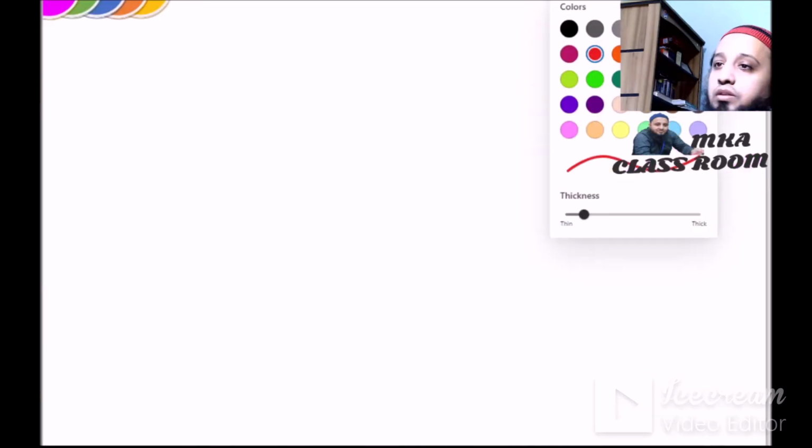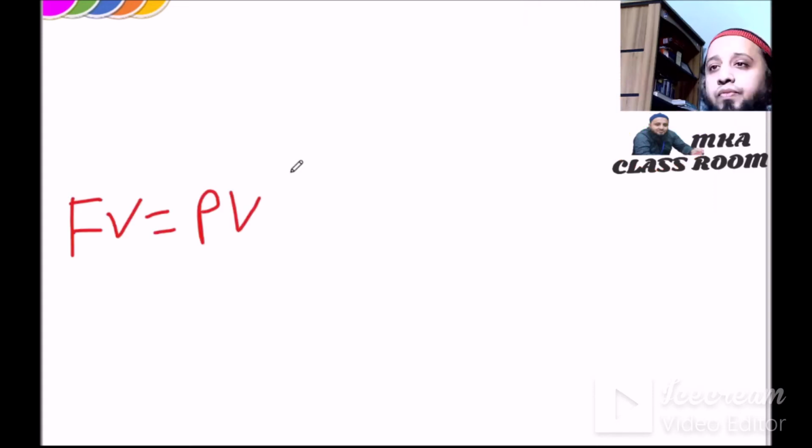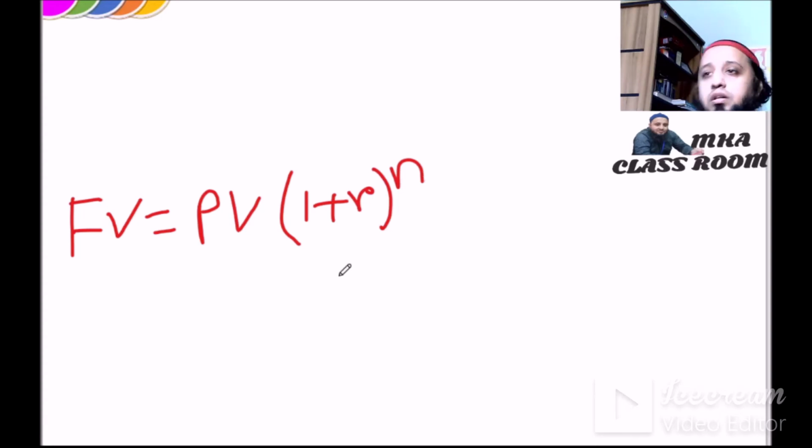Then we can use our required formula. We can use our formula for future value: future value equals present value into 1 plus r power n. That is our desired formula for solving this problem. Then we can write down the given information.